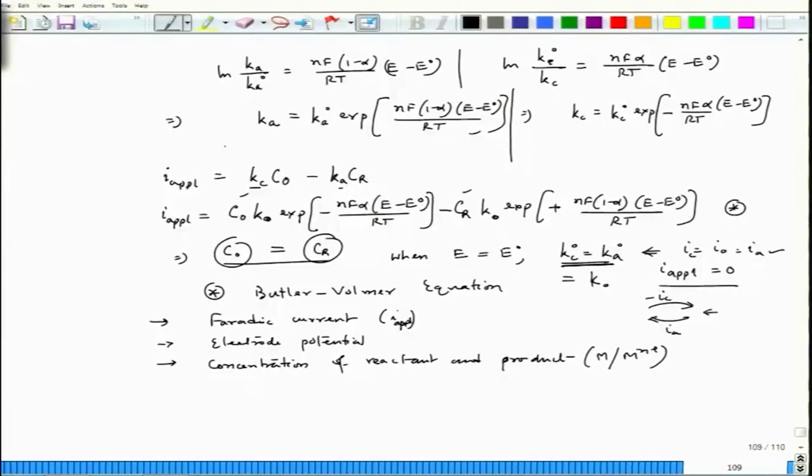So, in lecture 33, we need to have a modification. Since I applied is equal to Ic minus Ia, with this we need to multiply Nf, and here also Nf is to be multiplied.